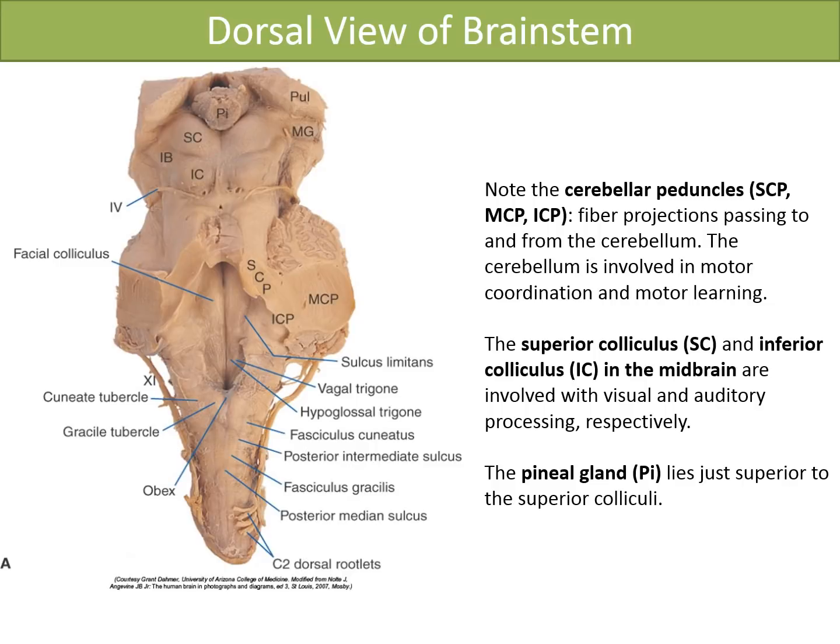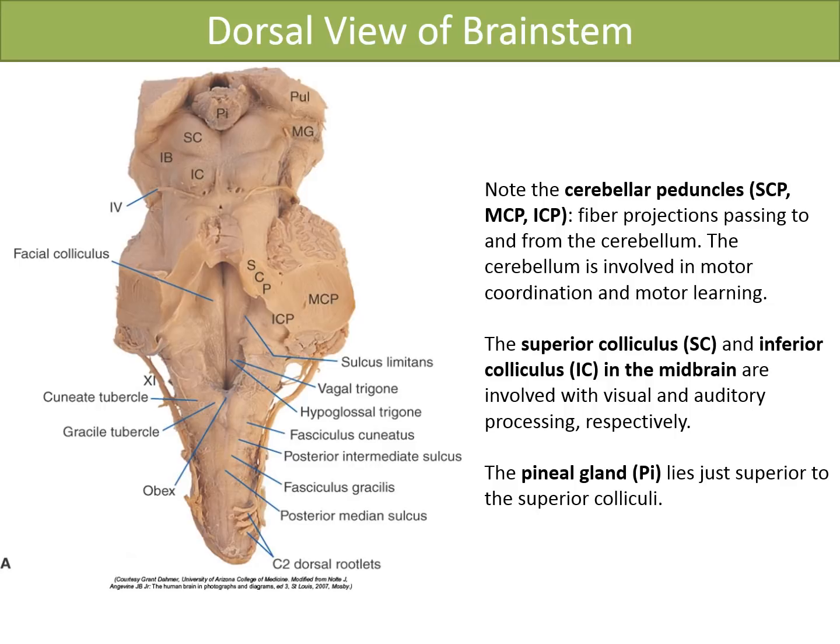If we look at a dorsal view of the brainstem, now with the cerebellum removed, we can see the major peduncles coming out of the cerebellum: the superior cerebellar peduncle, middle cerebellar peduncle, and inferior cerebellar peduncle, all white matter tracts that are traveling into or out of the cerebellum towards the brainstem and higher structures, or getting their input from the spinocerebellar pathway.